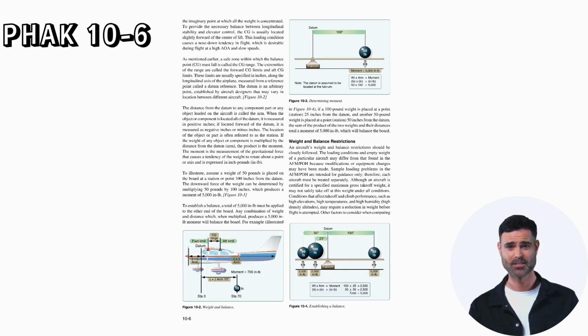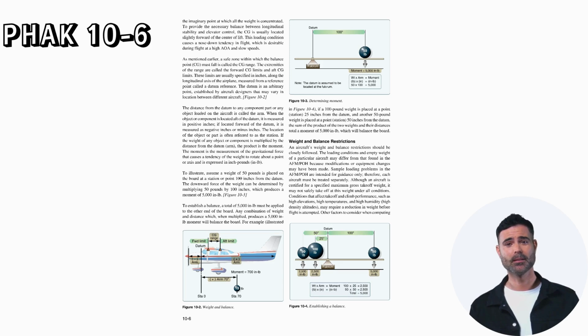To provide the necessary balance between longitudinal stability and elevator control, the CG is usually located slightly forward of the center of lift. This loading condition causes a nose-down tendency in flight, which is desirable during flight at a high AOA and slow speeds.